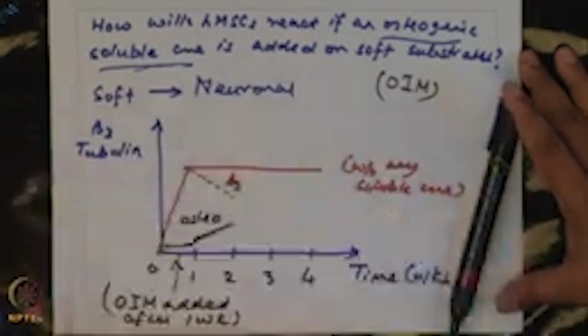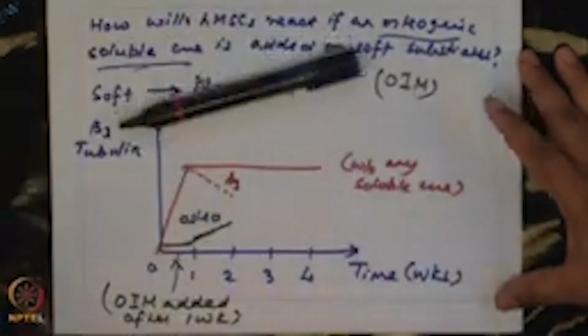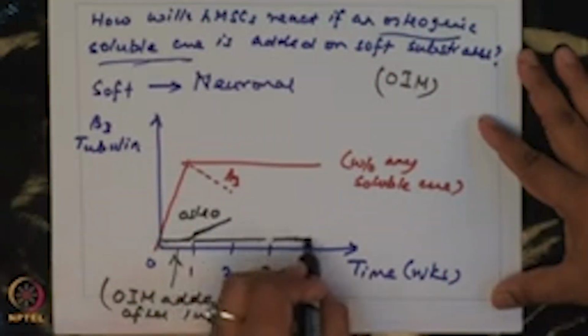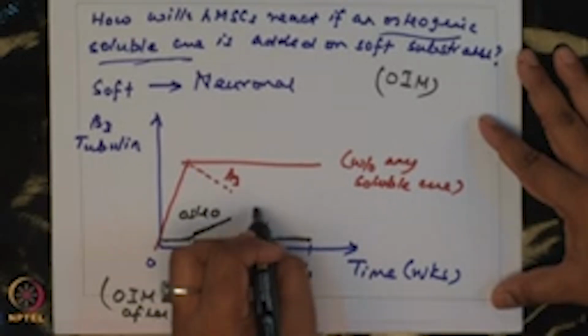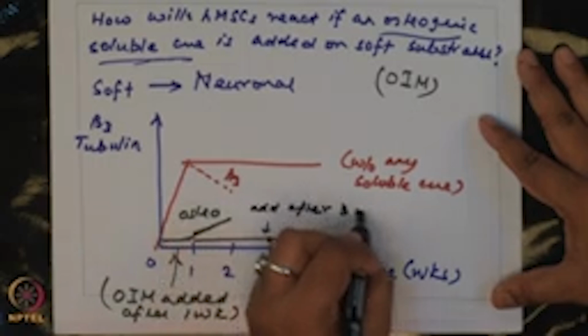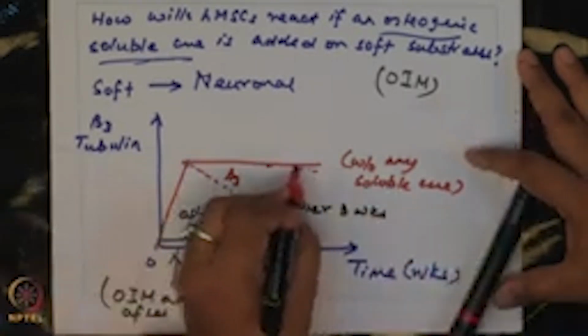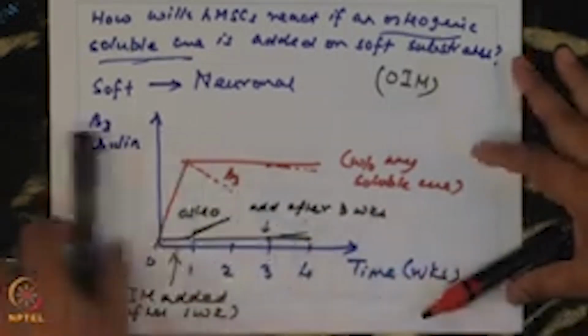However, if you add after 4 weeks, after a long time, what you see at later time points, if you add after 4 weeks, or after 3 weeks, from this point there is hardly any drop and hardly any increase in osteomarker.